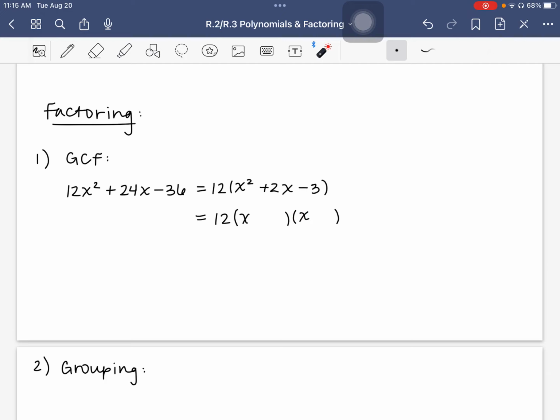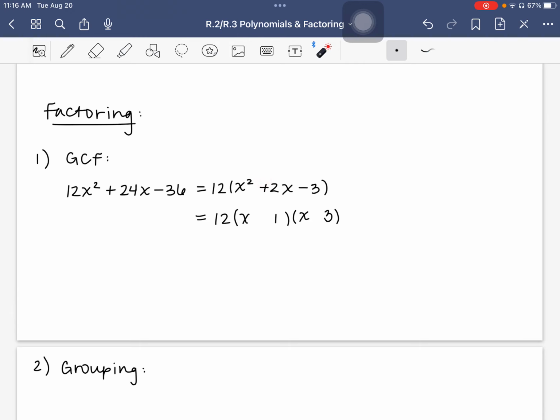And then we want to find two numbers such that when we multiply them, they equal -3, and then when we add them, they equal +2. Well, the only numbers that multiply to get 3 are going to be 1 and 3. And then our signs here are going to be determined by what signs we want here.